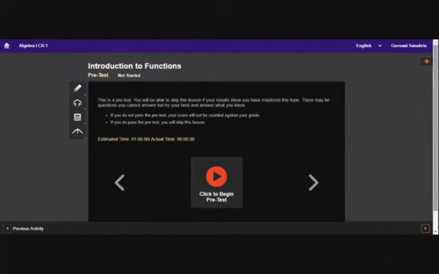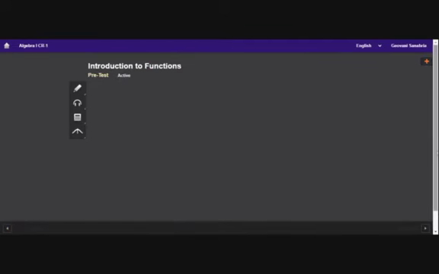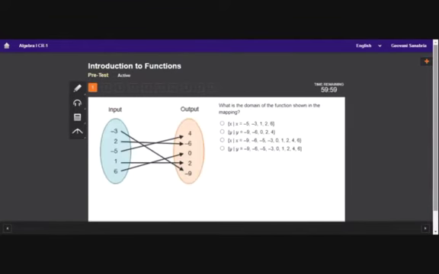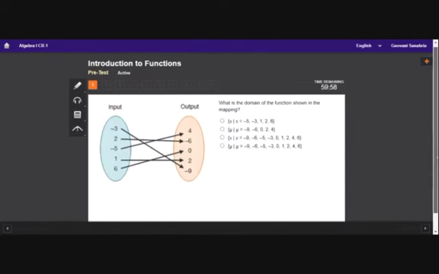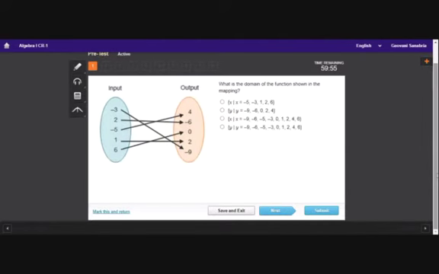Introduction to functions. I think we could do that one. Do you want to try it? Yeah. So functions basically is like you're gonna plug something in, and you're gonna get something out. Everything in the blue circle is like numbers that you would plug in.